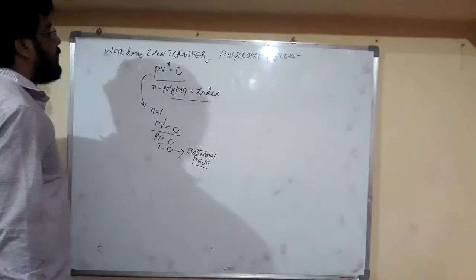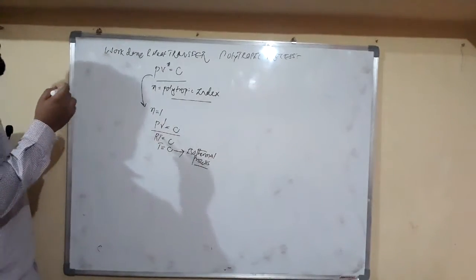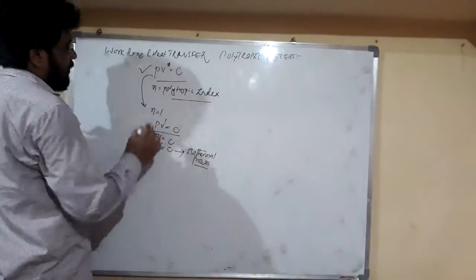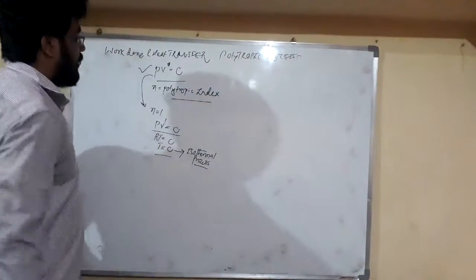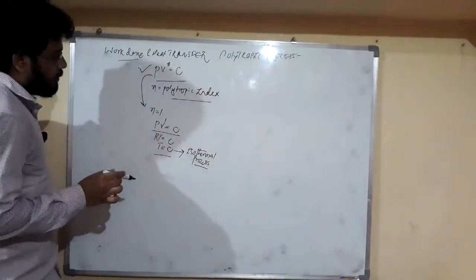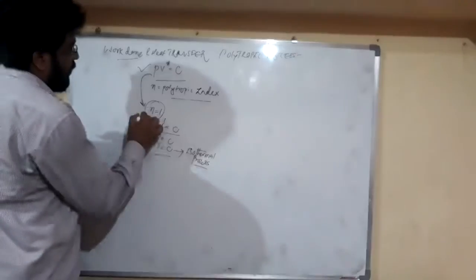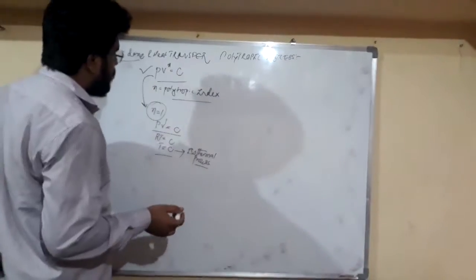Dear friends, by using our polytropic process, we are deriving the various processes, our adiabatic process and our isothermal process, using our general equation, which is the polytropic process. So in case of n equal to 1, it is our isothermal process.